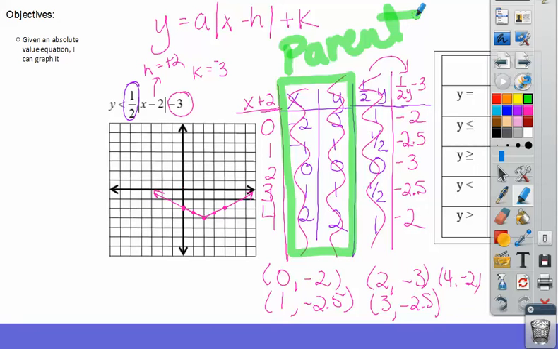That's just y equals the absolute value of x. So all I did was I plugged in around the origin. I started at 0, 0, and I went -1, +1, -2, +2. So I kind of centered my absolute value equation, which is what I did above, around the origin. So I graphed those 5 points. That's step 1.